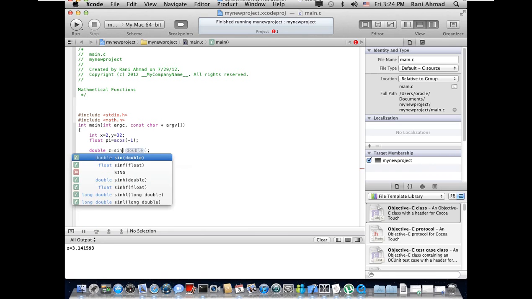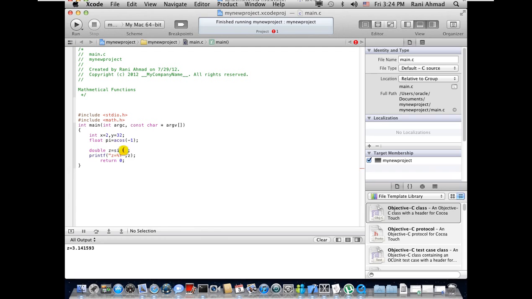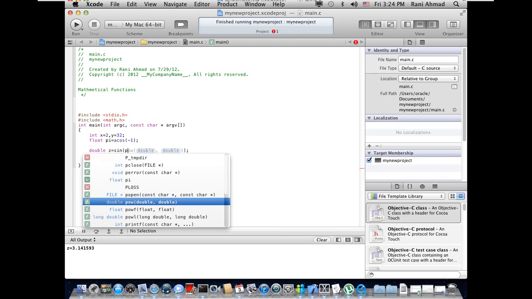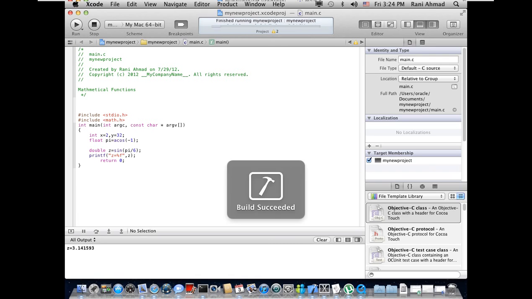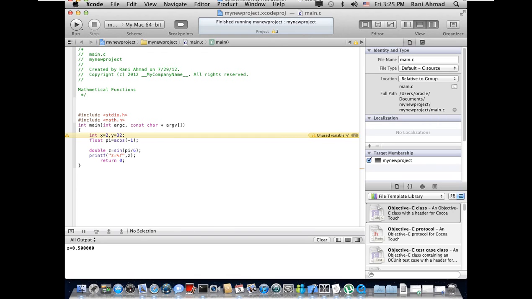So it will be pi over 6, because 180 over 6 will give you 30 degrees. So it is sine of pi over 6. I bet you're gonna get 0.5.